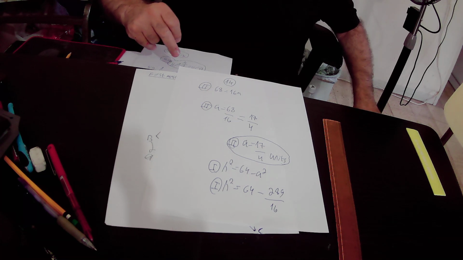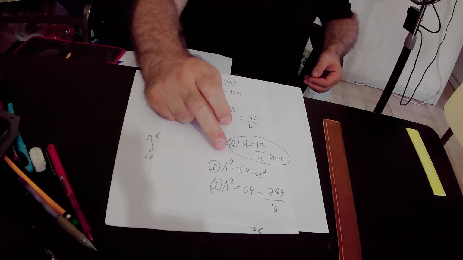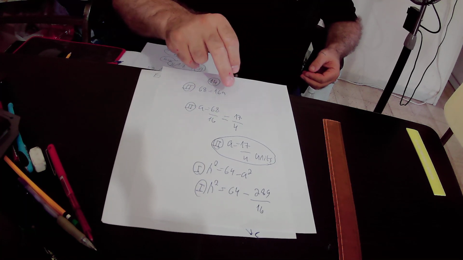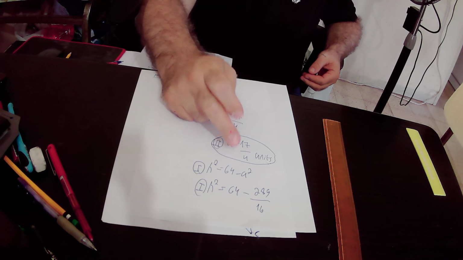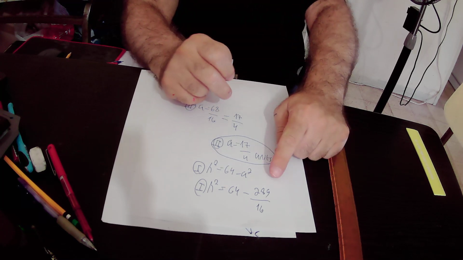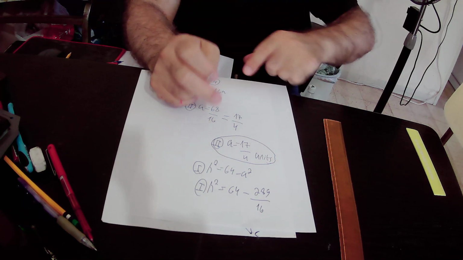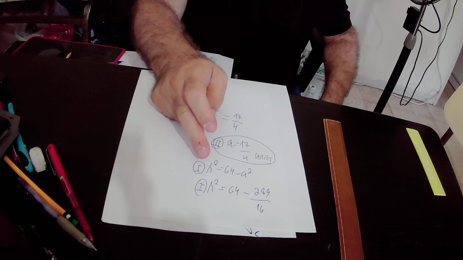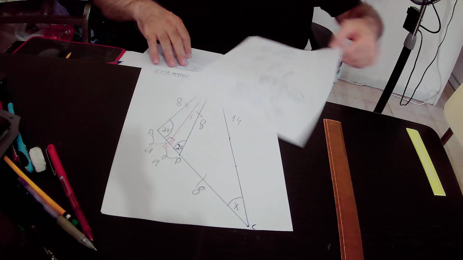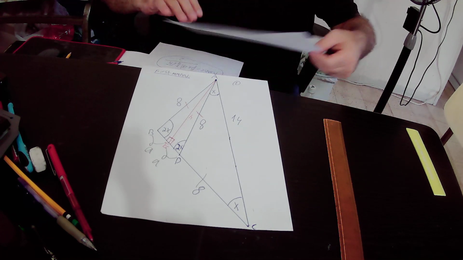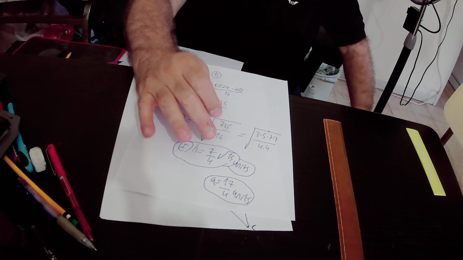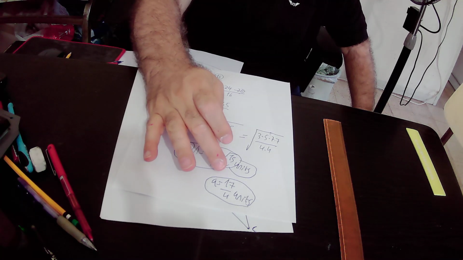And we have the equality that says h squared equals 64 minus a squared, so we can substitute a squared by (17 over 4) squared, that is 289 over 16, and we have only one variable missing, that is h. We solved this equality and found that h equals 7 over 4 times root 15 units, and we have already found out that a equals 17 over 4 units.